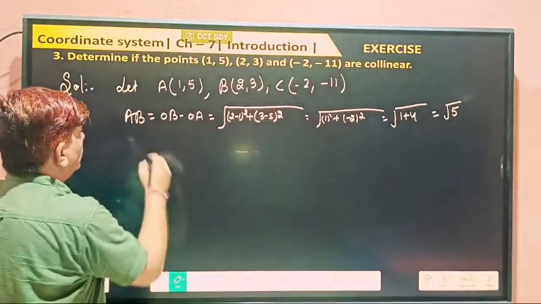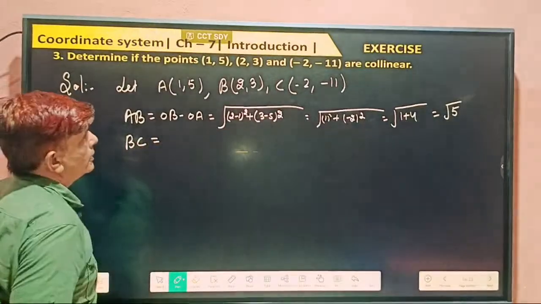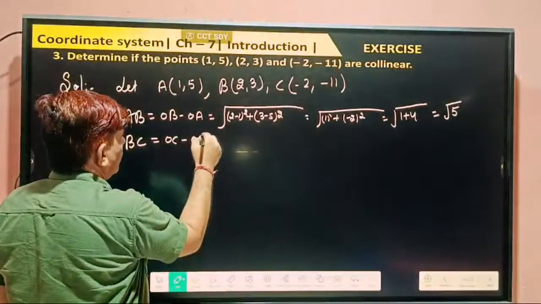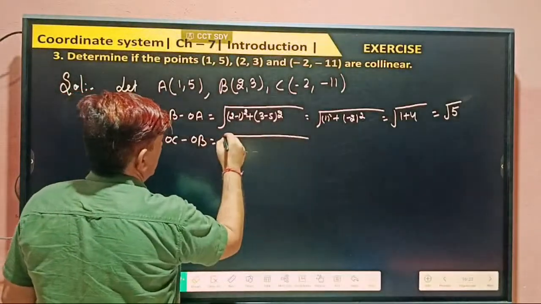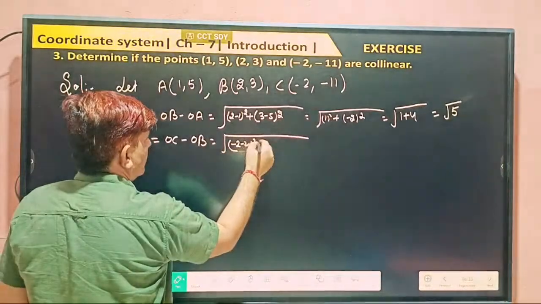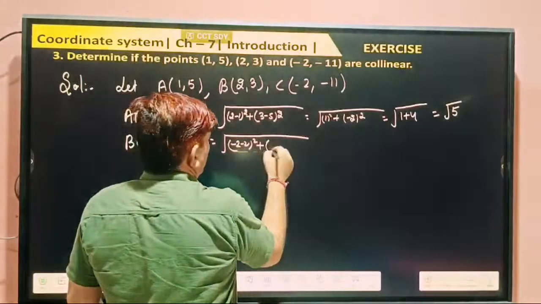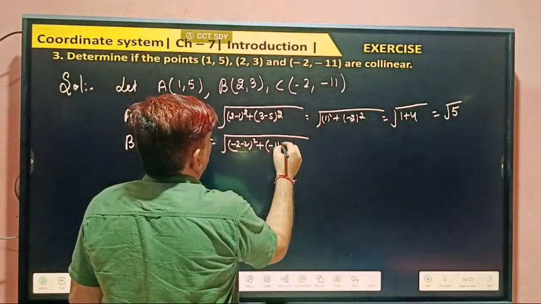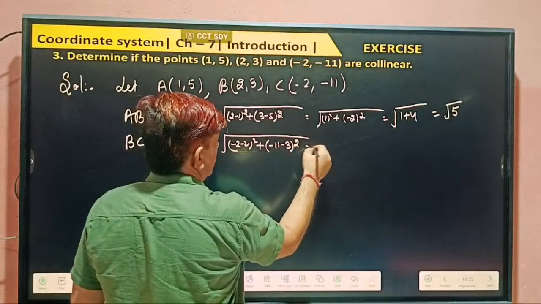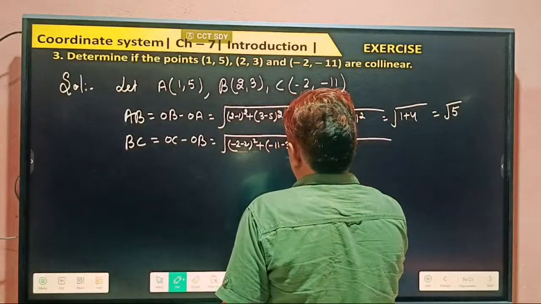Now finding out BC. BC equal to OC minus OB. So what is this? C: minus 2 whole square plus minus 11 minus 3 whole square. So find out this. How much?